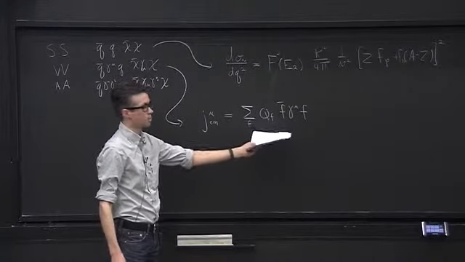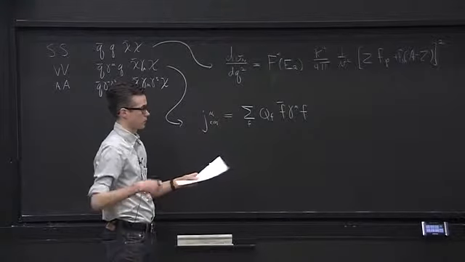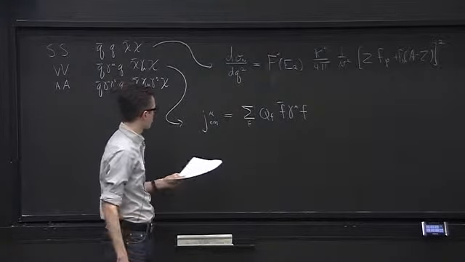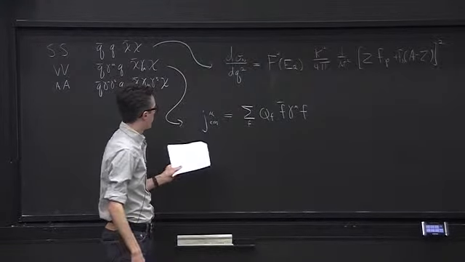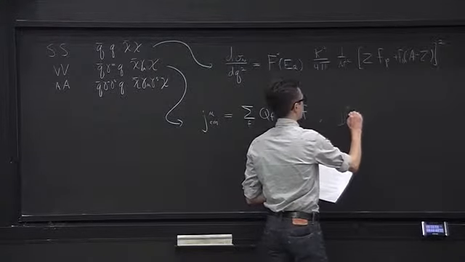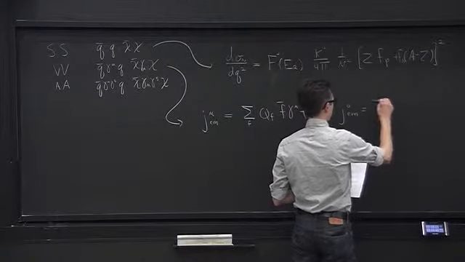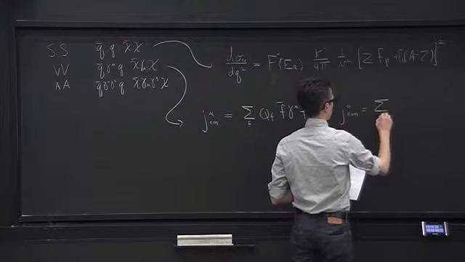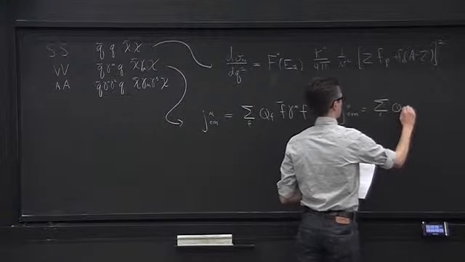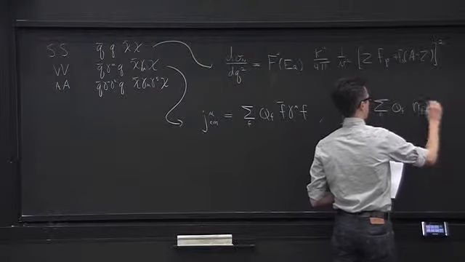In other words, the zero component is the number density, and the spatial component is the spatial charge current. In particular, J0 you can think of as a sum over fermions times the charge of the fermions times the number density of fermions minus the number density of antifermions.